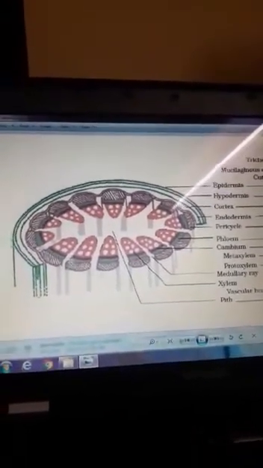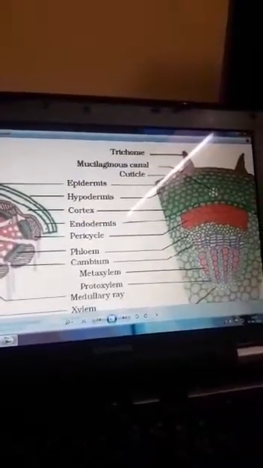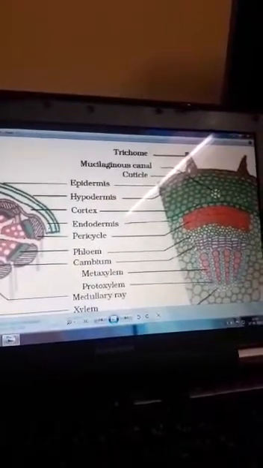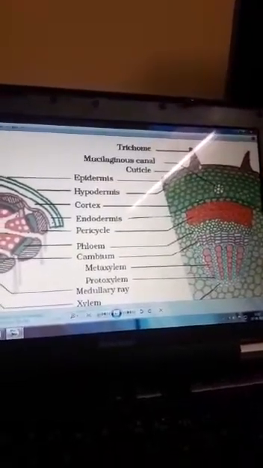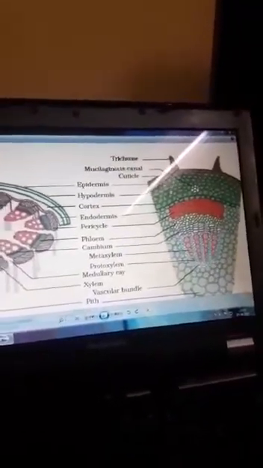See how many vascular bundles are there. In this corner, a portion of this is enlarged. Here you can see one layer of epidermis, and this is the epidermal outgrowth, a hair-like outgrowth, called a trichome. And these are the cortical layers.